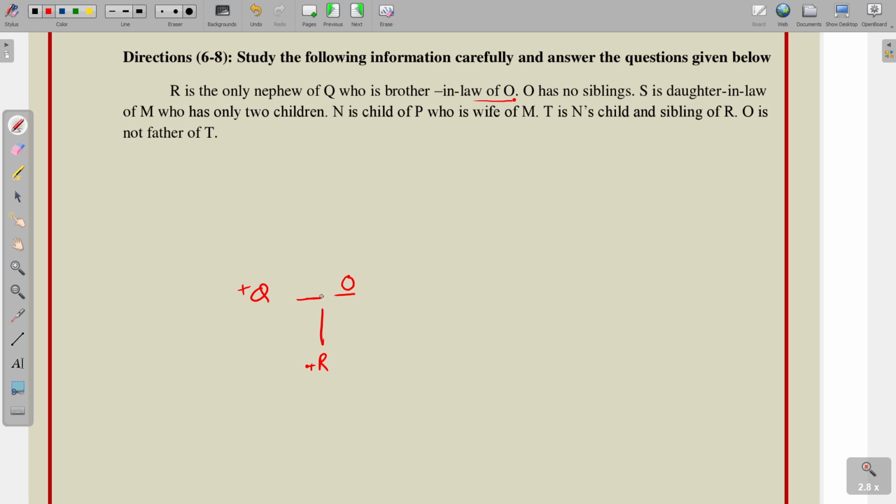So these two are brother and sister, or siblings, whatever it is. Next, O has no sibling.